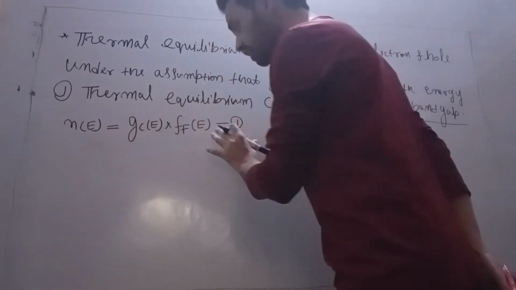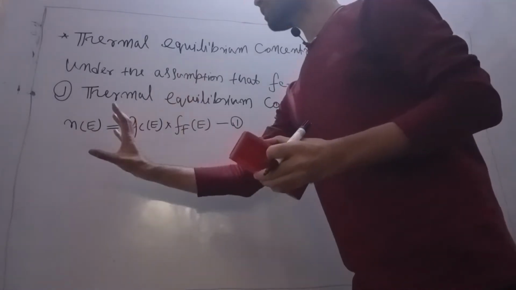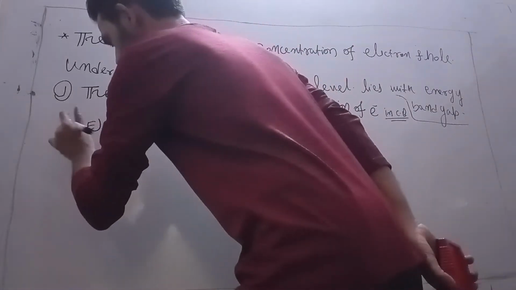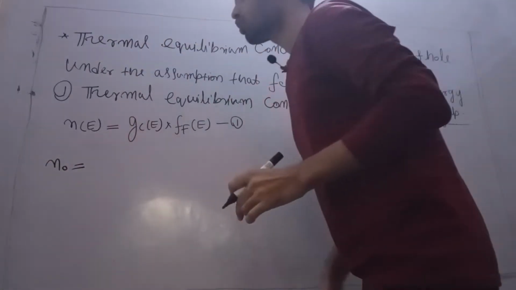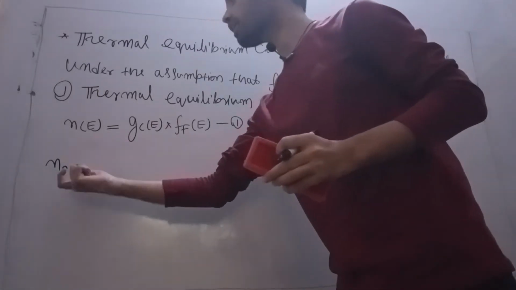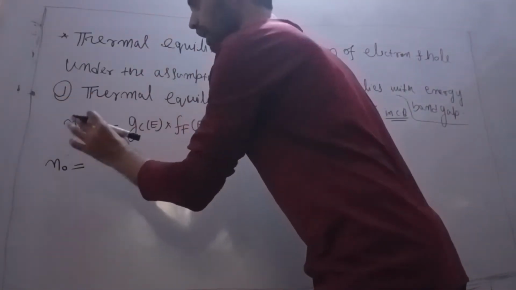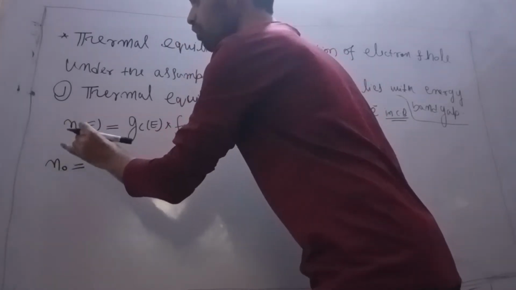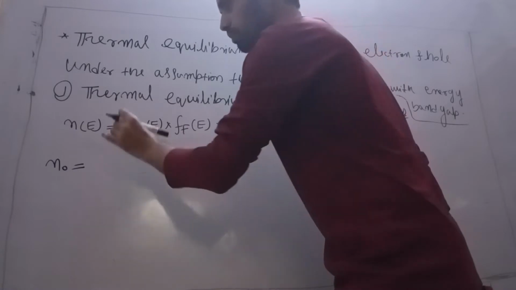integrating this equation over the entire conduction band energy, then we are able to find the total number of electrons per unit volume in conduction band. This n naught is the total number of electrons in the conduction band per unit volume.